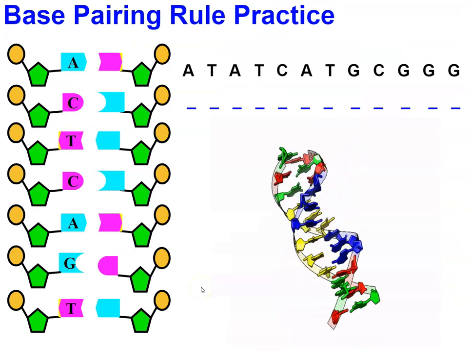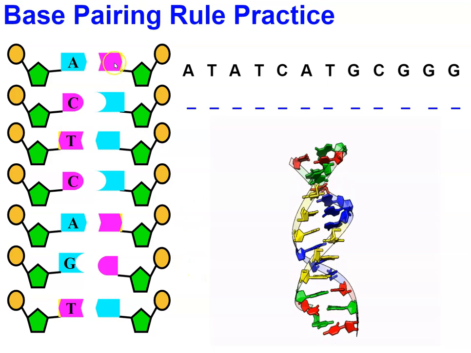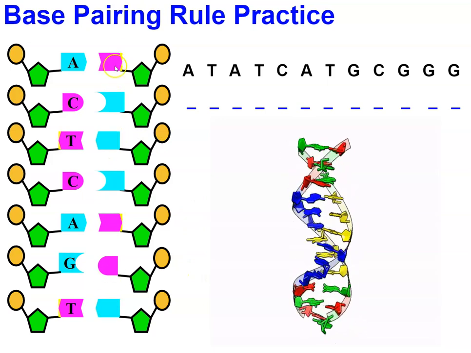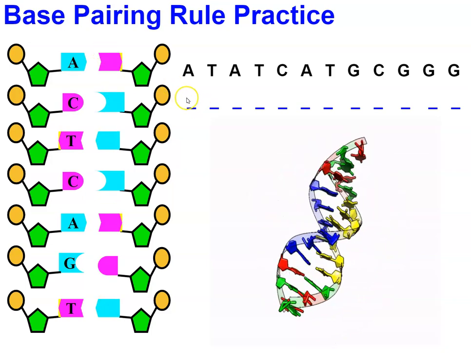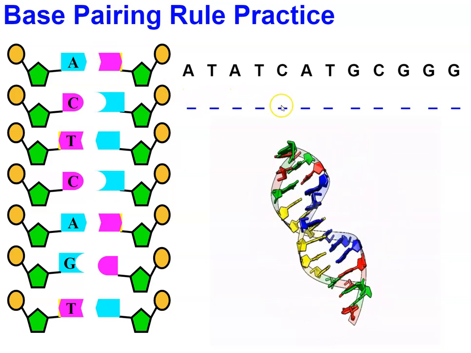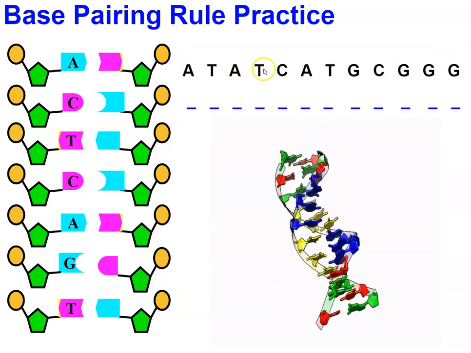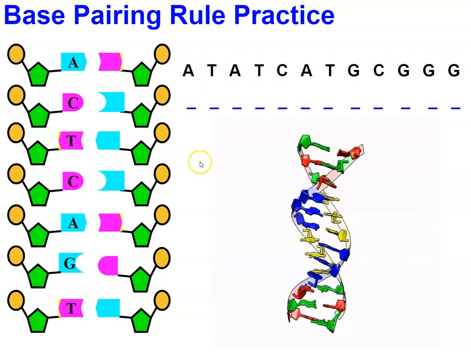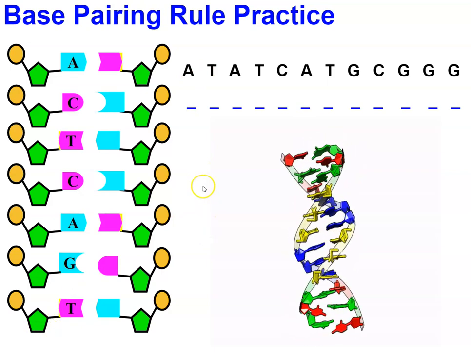So here's even more practice, just to make sure you have this down completely. Go ahead and complete the polynucleotide in this DNA molecule, and go ahead and complete the complementary sequence for this sequence of nitrogenous bases or nucleotides. Go ahead and pause it and fill those in. All right, let's check.